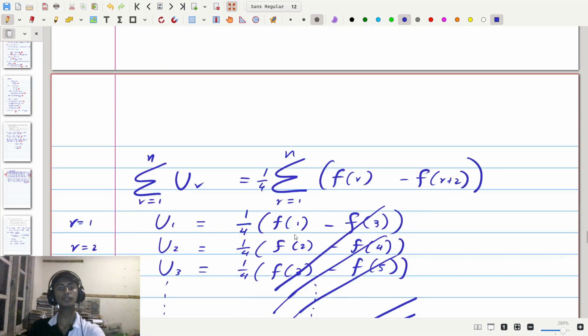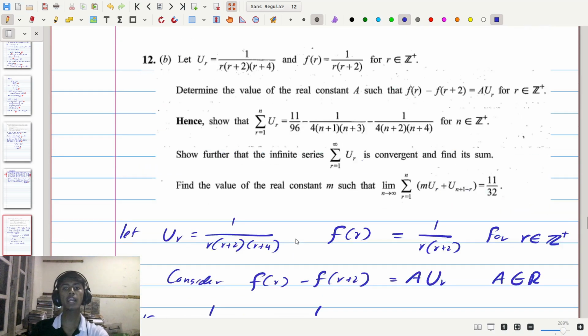Now after this, the final part of the question says we have to find the value of the real constant m such that the limit as n approaches infinity of the sum from r equals 1 up to r equals n of m times u of r plus u of n plus 1 minus r is equal to 11 over 32.